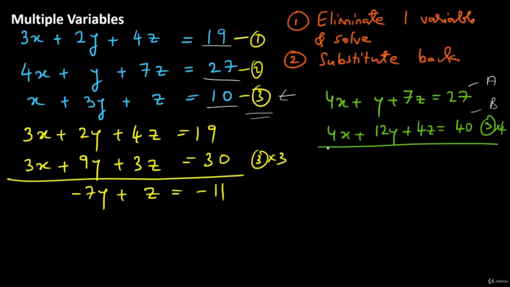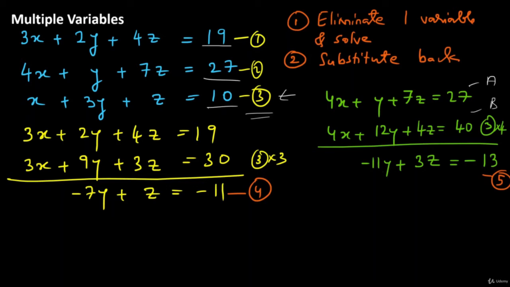So we are eliminating this x, right? And then you have y minus 12y, which is minus 11y, and 7z minus 4z, which is 3z. That's equal to 27 minus 40, which is equal to minus 13. So let this be equation 4 and let this be equation 5. Now these two equations only have two variables, right? Now let's proceed and eliminate one more variable.